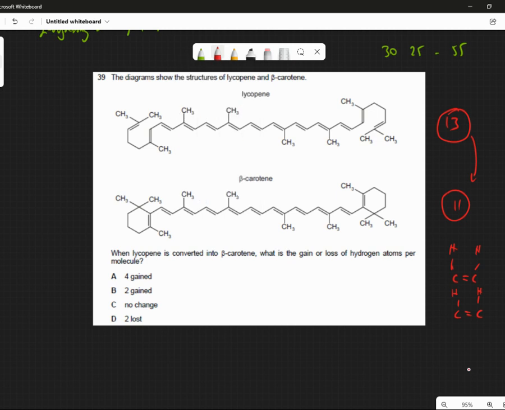She's saying there's a difference here and a difference there, and everything else is the same. So let's look at the difference in hydrogens. Down the bottom, the only thing you're changing is this one.